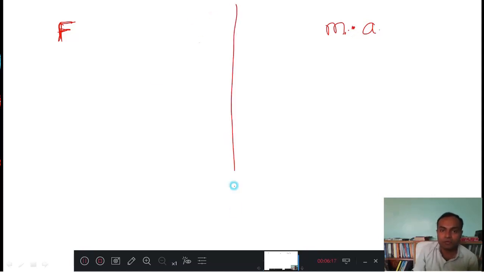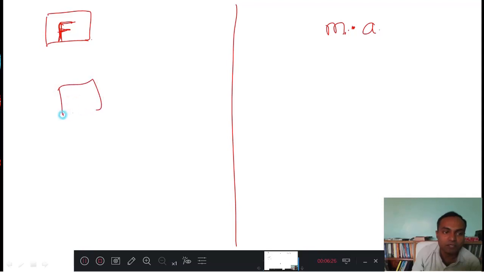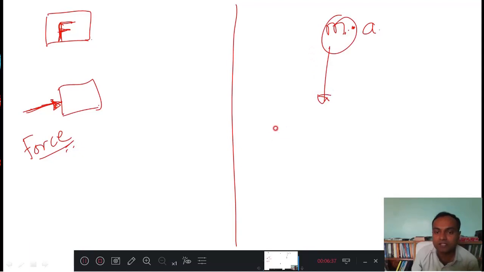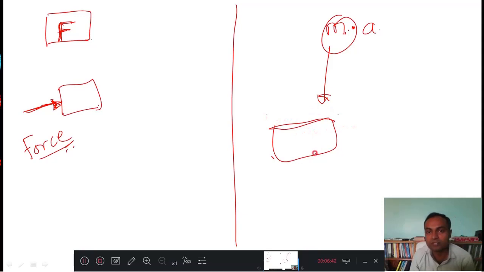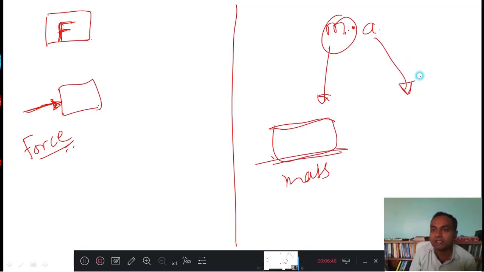Think that before Newton, you don't know whether this equation exists or not. But individually you know what force means: you push something, and this pushing you call a force. Mass means something which occupies some volume or area. Acceleration is the rate of change of velocity.